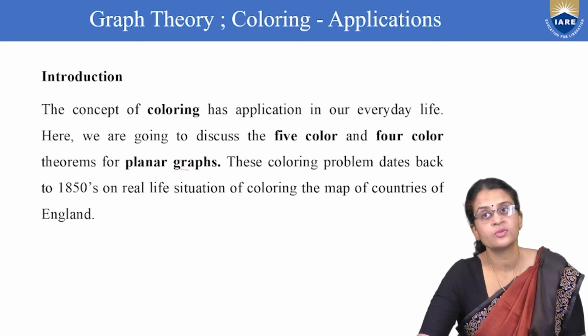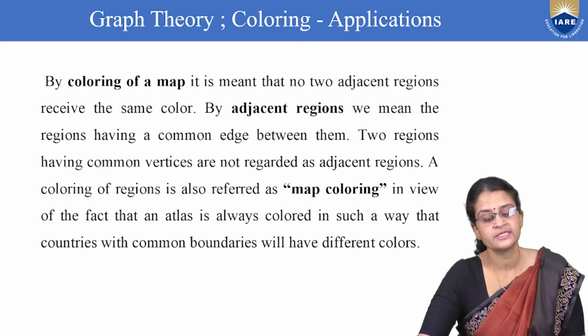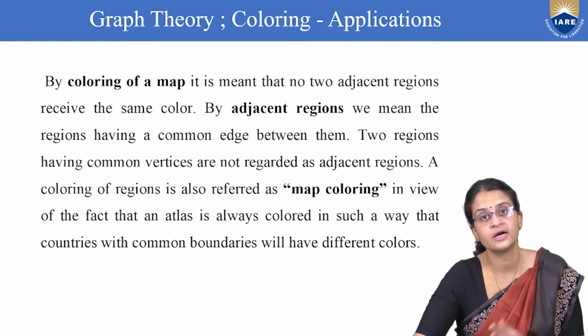The coloring problem dates back to the 1950s, from the real-life situation of coloring the map of the countries of England. By coloring of a map, it is meant that no two adjacent regions receive the same color, or two adjacent regions receive different colors.